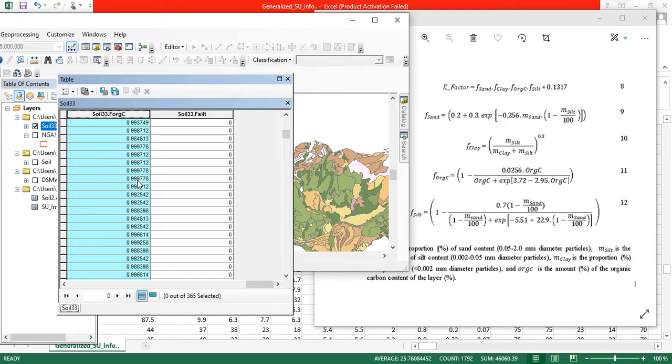So we have that for organic carbon, and the last is our F sand.